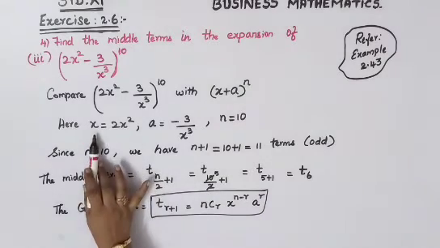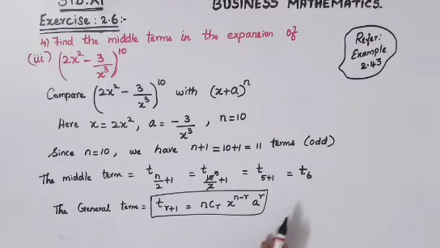We already have x, a and n, and we have to find T6. But the format is T r plus 1, so we will write it as T5 plus 1. If you add it, you will get your T6 back.